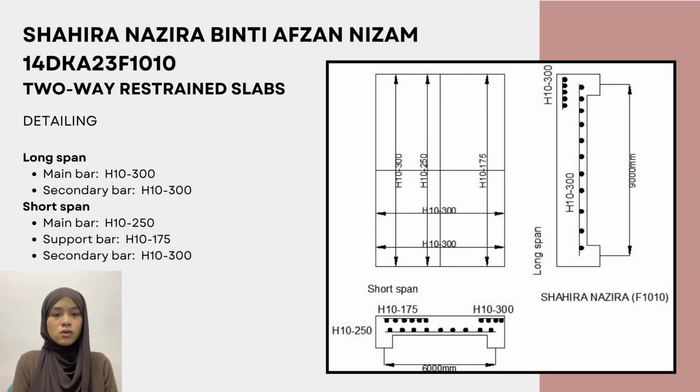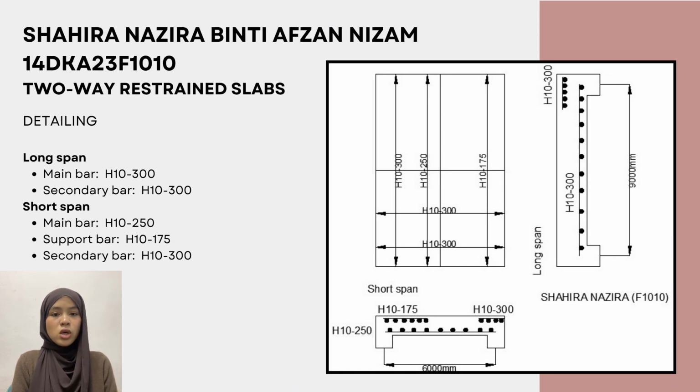The next one is reinforcement detailing. Long span: main reinforcement 10 mm bar at 300 mm spacing, and the secondary reinforcement 10 mm bar at 300 mm spacing.